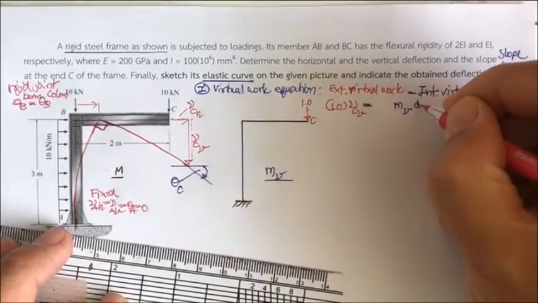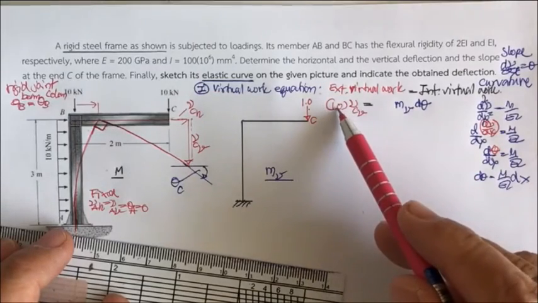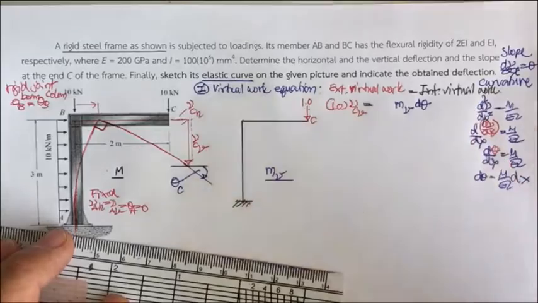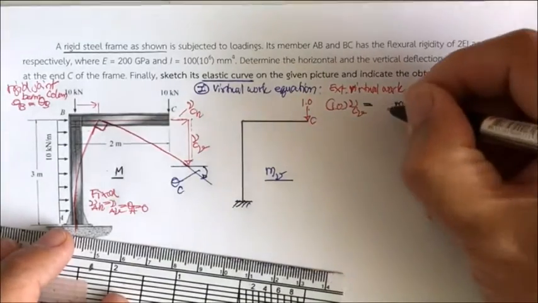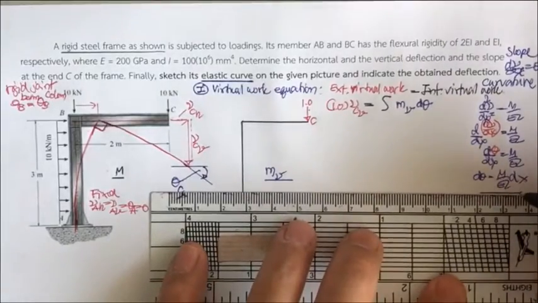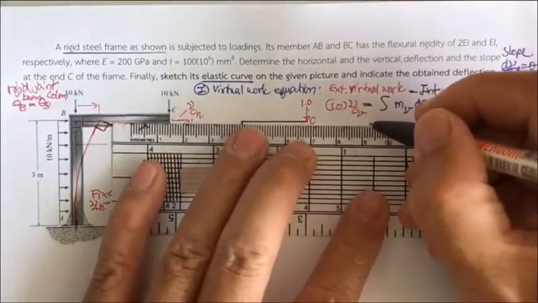Actually this one must be multiplied by d theta: the force times linear displacement, the moment times rotation, and then you have to integrate it. After you get this equation, you may rewrite it in this form.